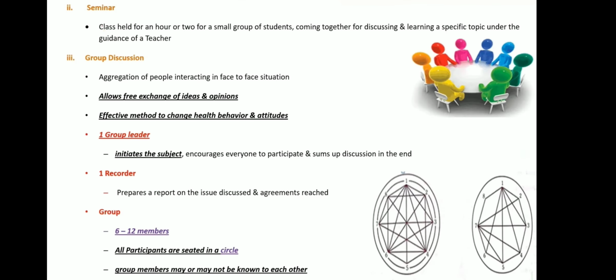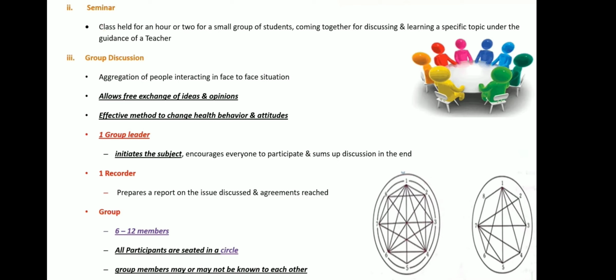Now moving on to the seminars and group discussions. So, guys, regarding the seminar, we know that the class is held for an hour or two for a small group of students coming together for discussing and learning a specific topic under the guidance of the teacher. So, we know the seminars which are held where we divide the children into groups. We know afternoon seminars. So, what happens in the seminars?